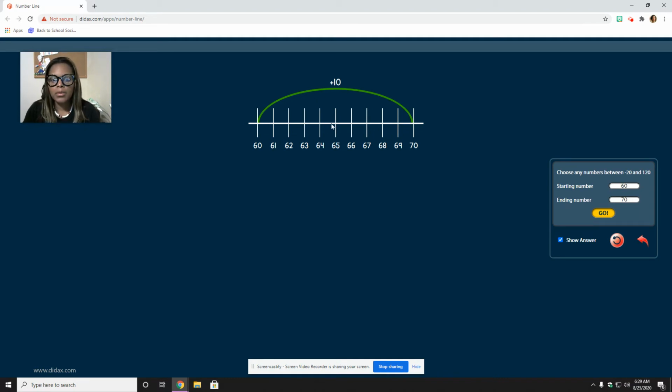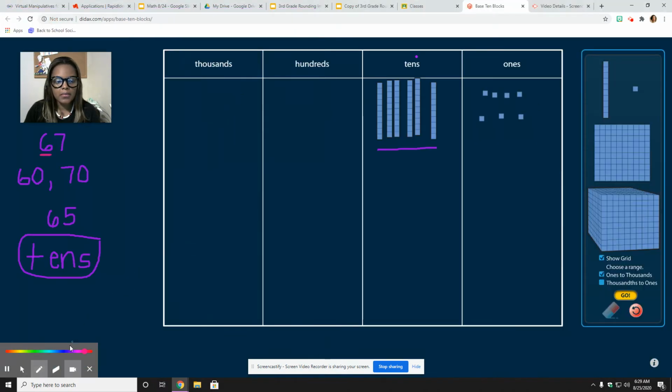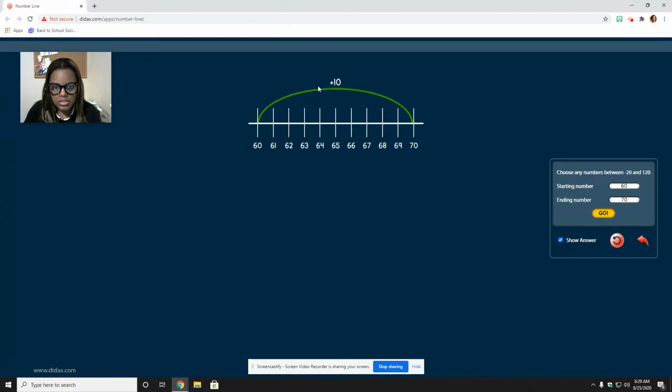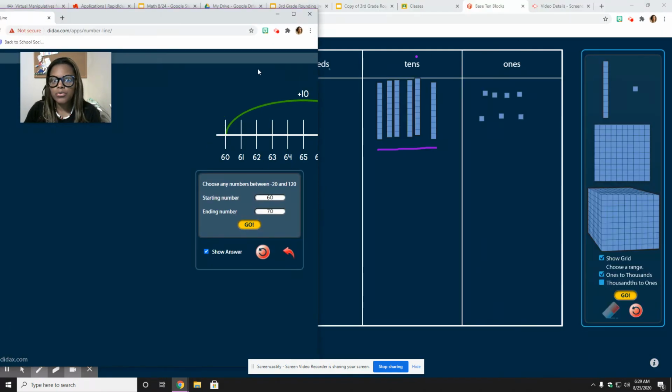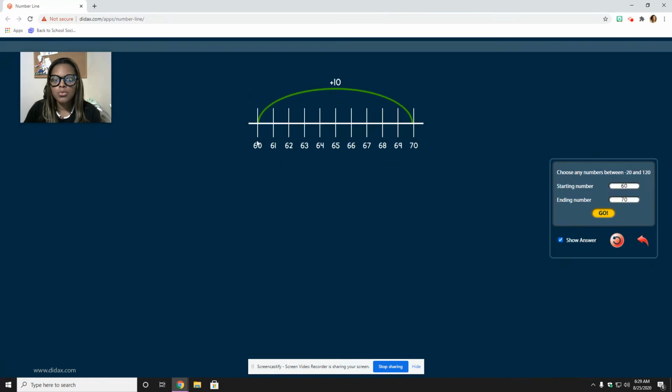And now our midpoint is 65. For some reason, it's not allowing me to write, so we'll just have to follow along, okay? So we've jumped by 10s, as you can see here. Our midpoint is 65. So how do we know how to round 67 to the nearest 10?